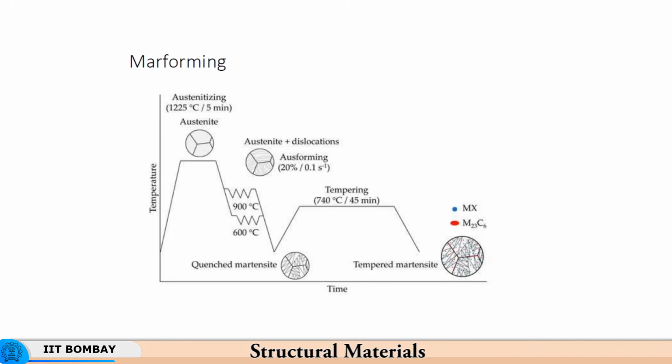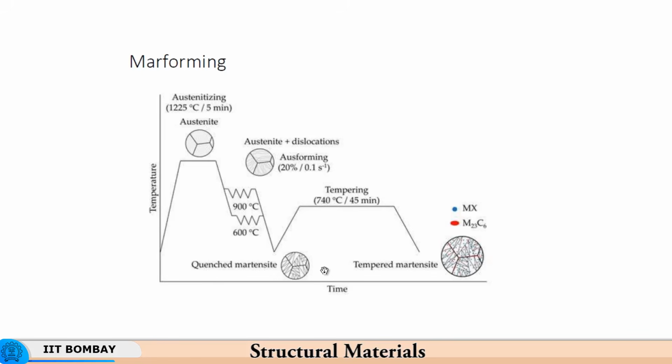It could form pearlite, it could form carbides depending on the alloying elements which are present. So, for instance, if you have a lot of alloying elements, then you have M23C6 carbides being formed, where M stands for different kinds of metallic constituents.